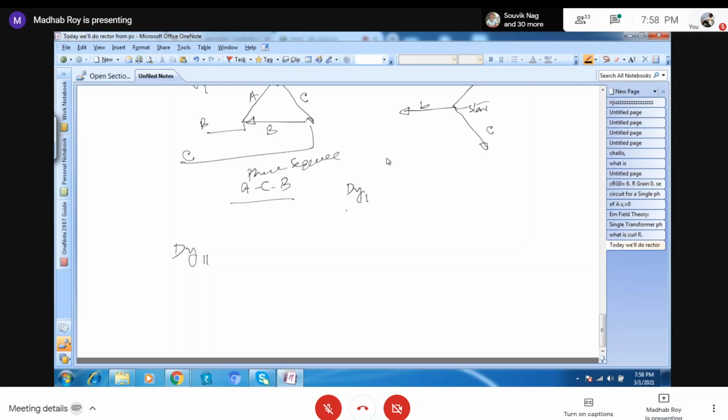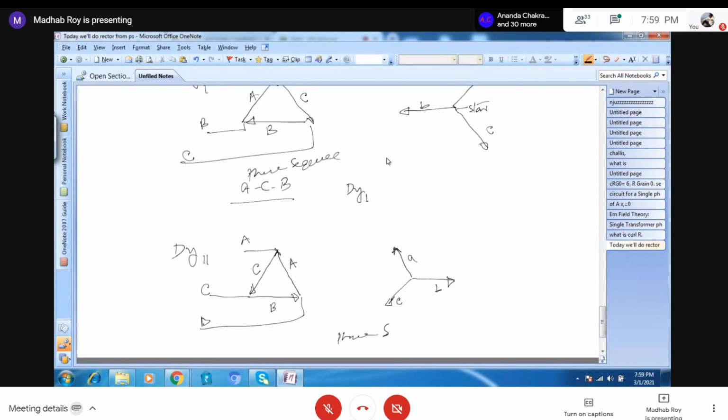So here this is A, and then this is B, then this is C. And this line is A, this line is B, this line is C. Now again you can draw here, this will be the A, this will be the B. But here the phase sequence is different.